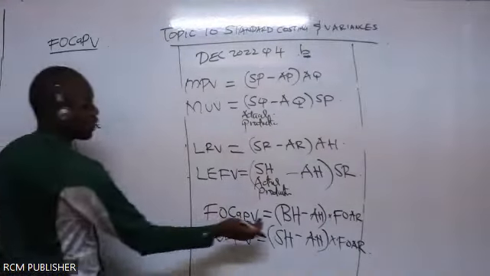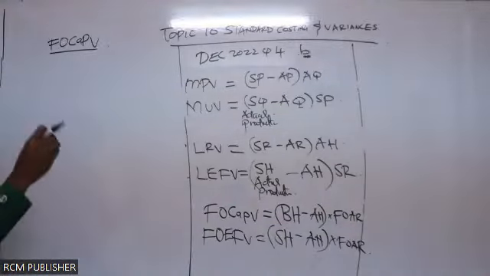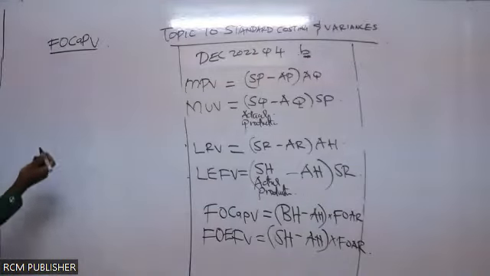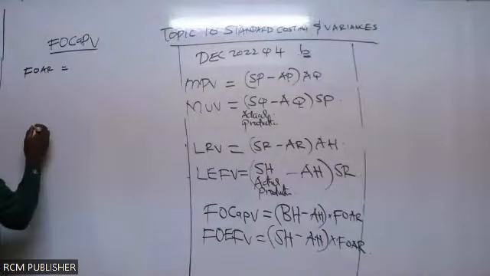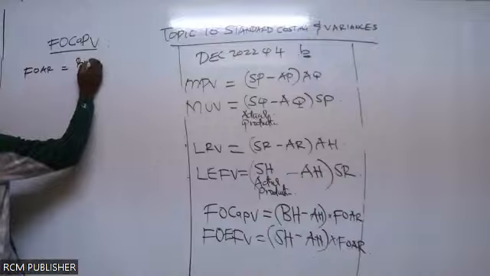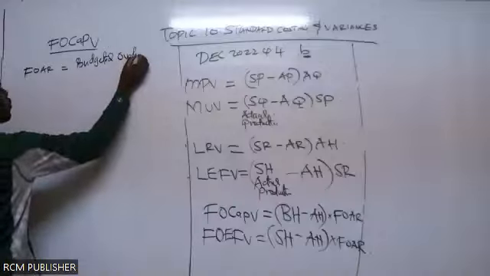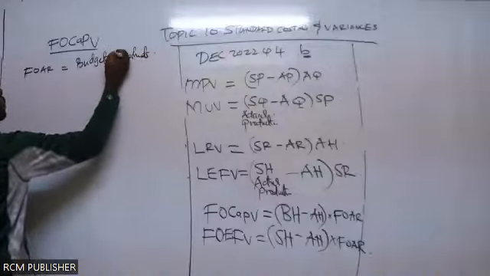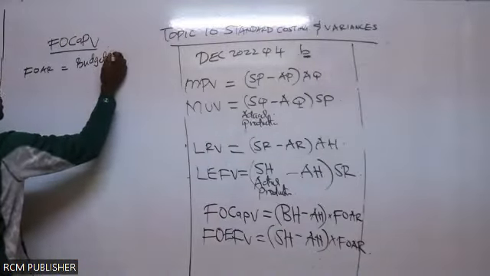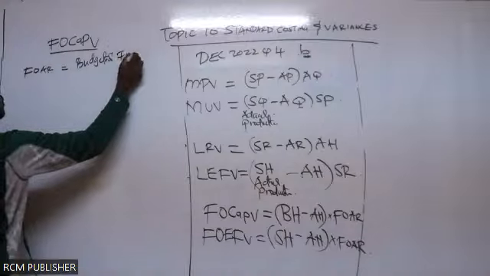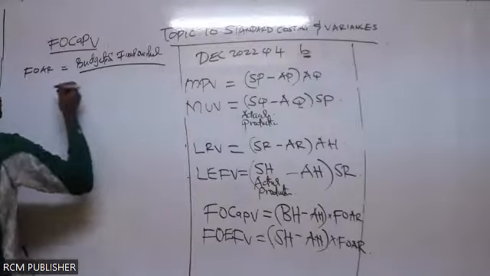So the first item, we are required to get the budgeted hours. That is what you need to know. Then you also have the fixed overhead absorption rate, which will be equivalent to budgeted fixed overhead divided by budgeted activity level.